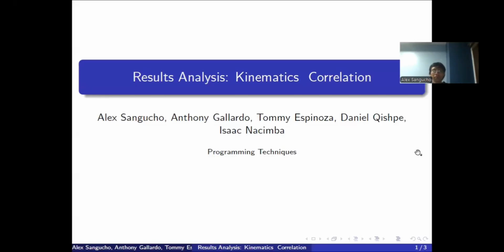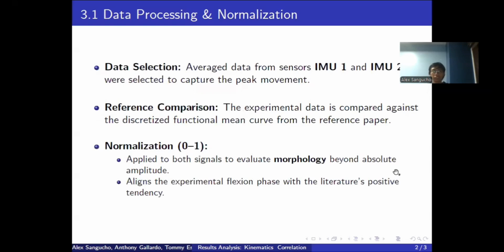Result analysis: kinematics correlation. Data processing and normalization. Data selection: average data from the sensors. IMU1 and IMU2 were selected to capture the peak movement. Reference comparison: the experimental data is compared against the discrete functional mean curve from the reference paper.